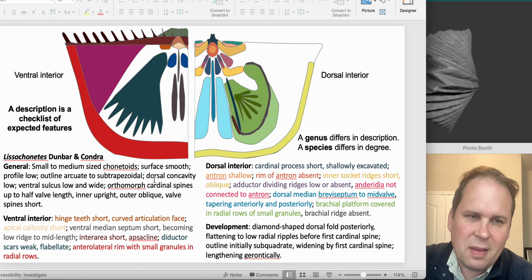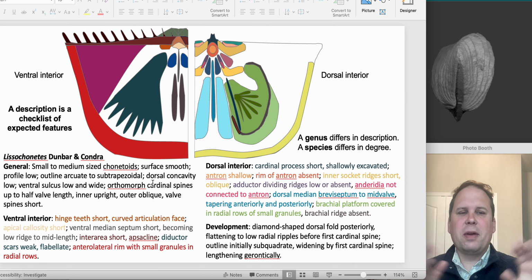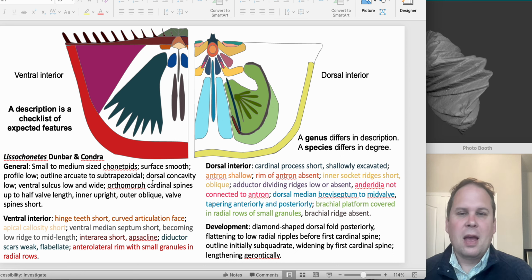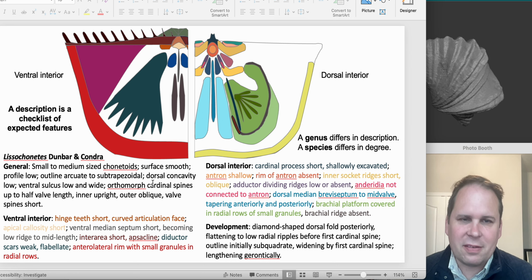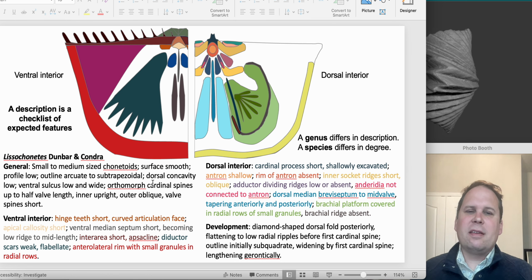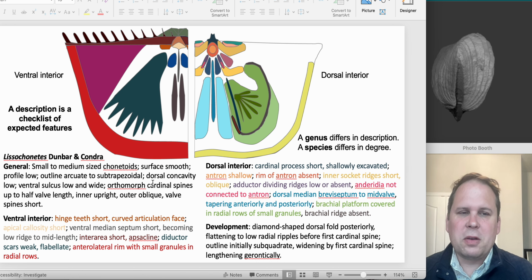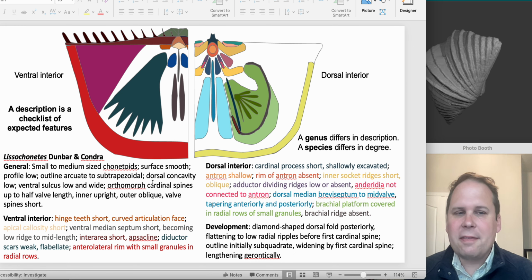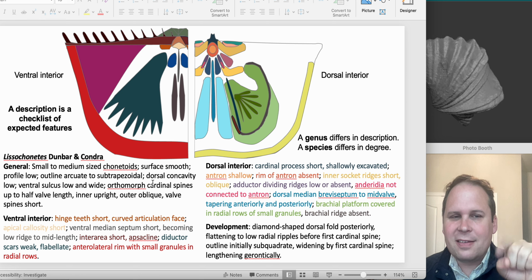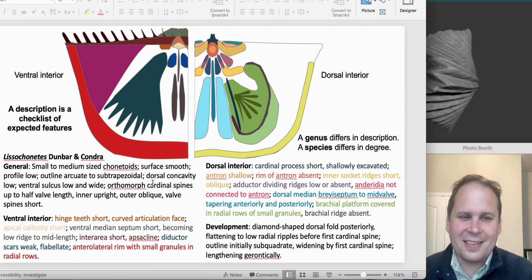Notice the use of semicolons. Semicolons separate different parts of the shell. Commas separate different characters found within that part of the shell. And a species description is going to be written in what is called telegraphic style. Telegraph is that little thing like SOS, the Titanic is sinking.